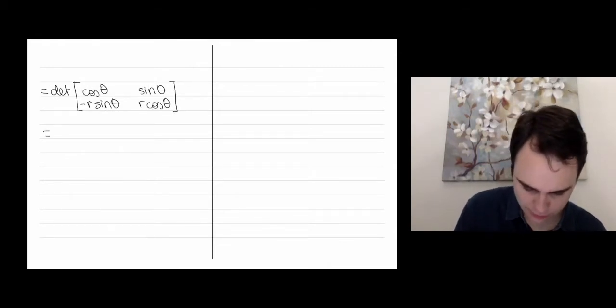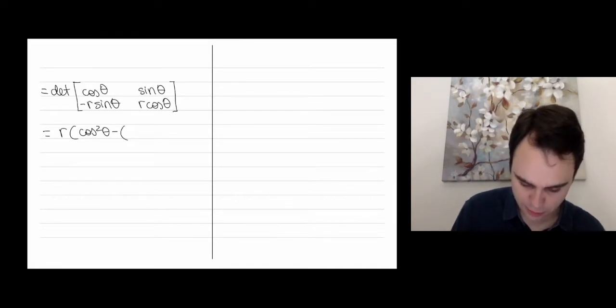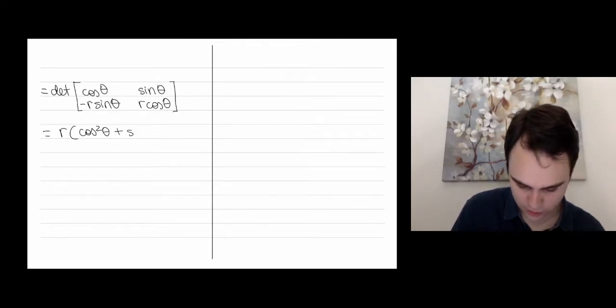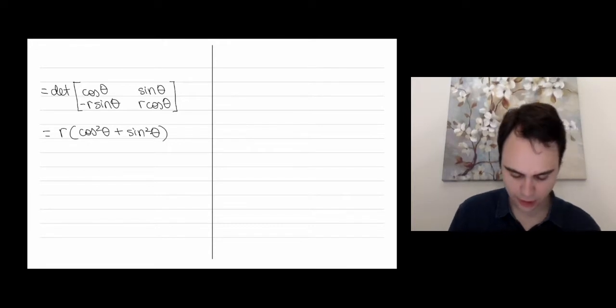Now if I do this determinant, I'm going to get r times cosine squared theta. There's going to be an r on both products, so I'll just put the r outside. So r times cosine squared theta minus sine times minus sine, so the minus becomes a plus, sine squared theta.